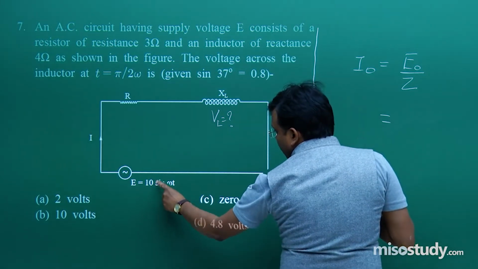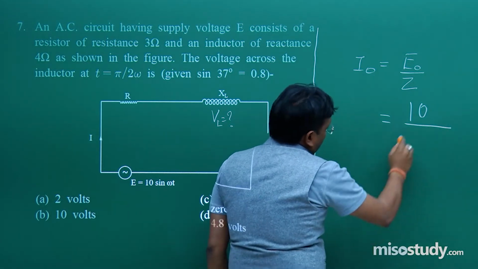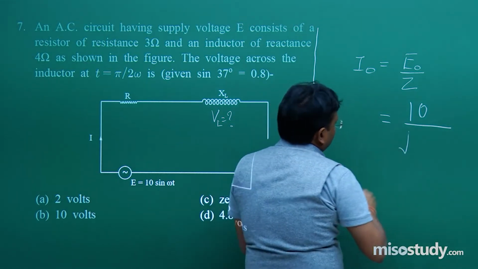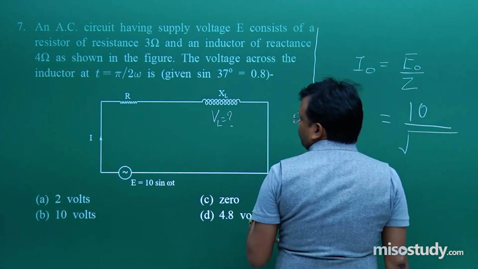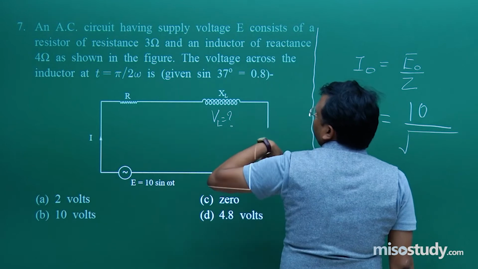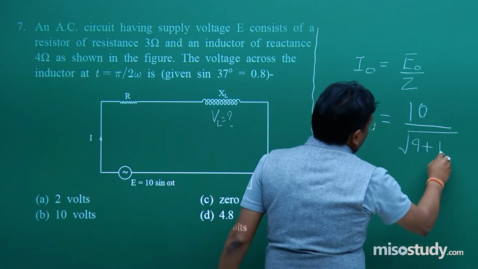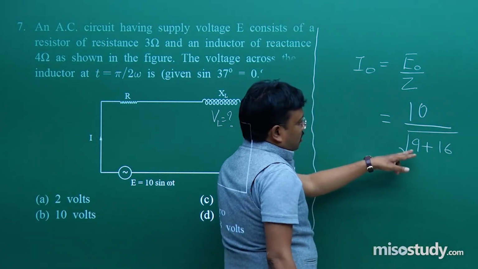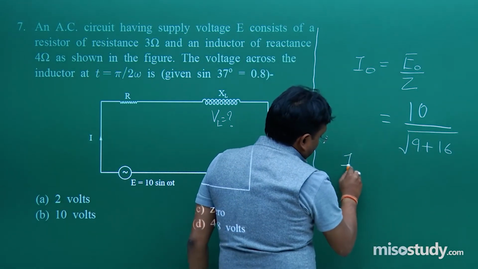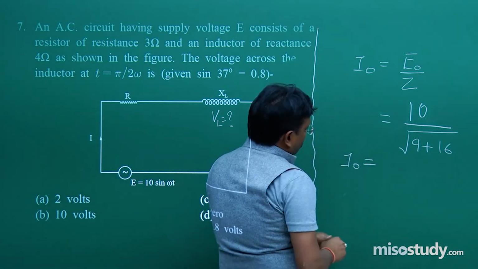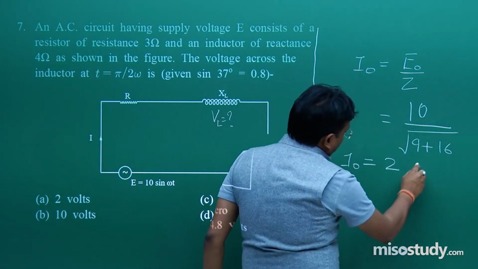So, E naught is how much? 10, this is given. So, it is 10 upon under root of 3 squared plus 4 squared. So, 3 3s are 9 plus 4 4s are 16. So, 16 plus 9 is 25, root of 25 is 5. So, I naught is equal to 10 upon 5, which is 2 ampere.